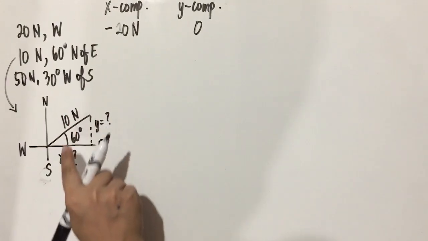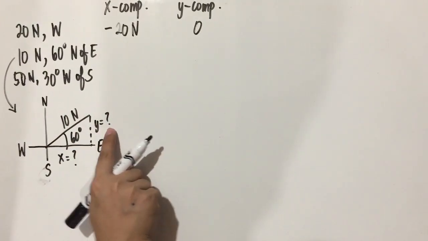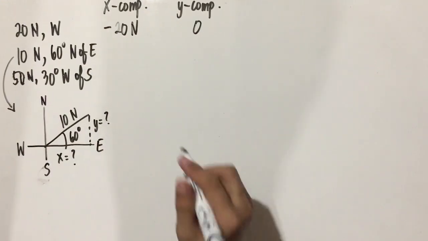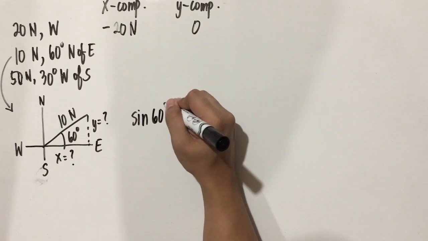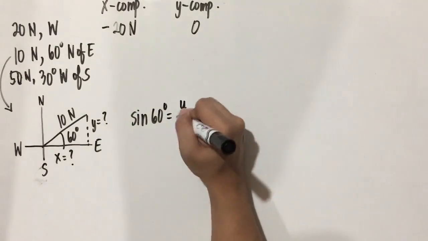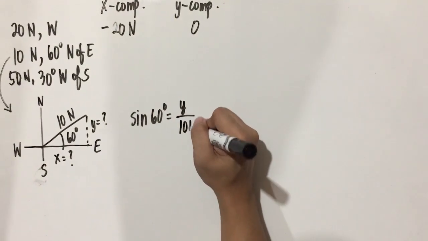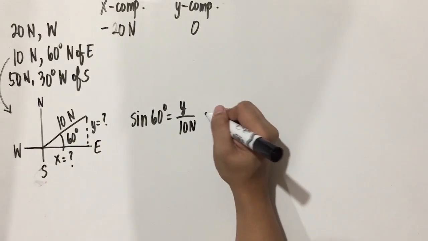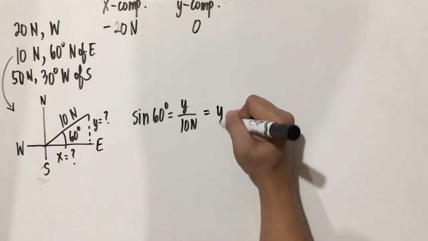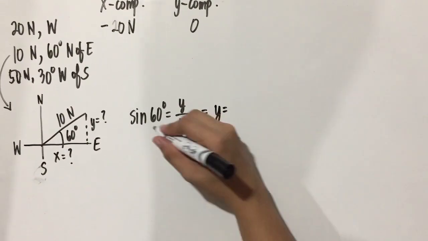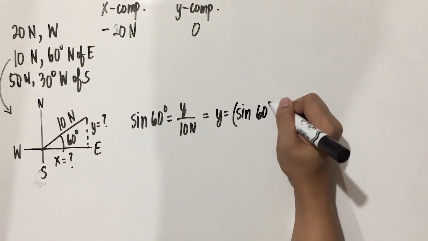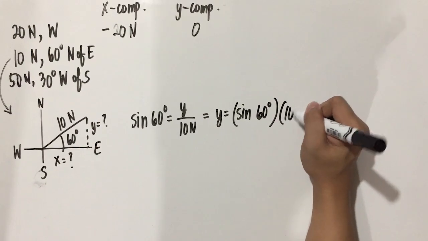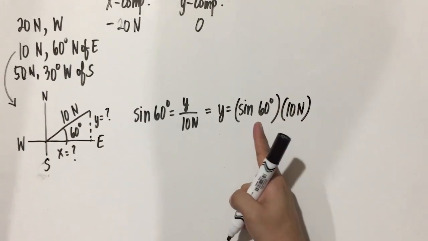Okay, so let's use a trigonometric function here. Let's use the position of the given 60 degrees. So sine 60 degrees in order to get the value of y over hypotenuse, which is 10 newtons. So cross multiplication, you have y is equal to sine 60 degrees multiplied by 10 newtons.